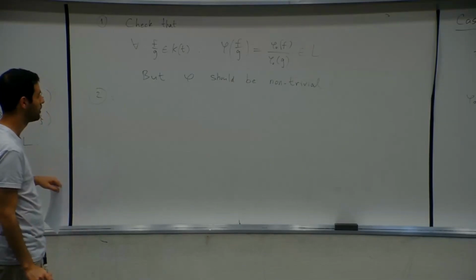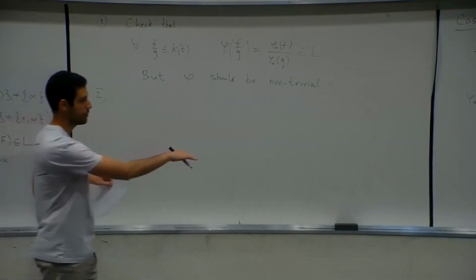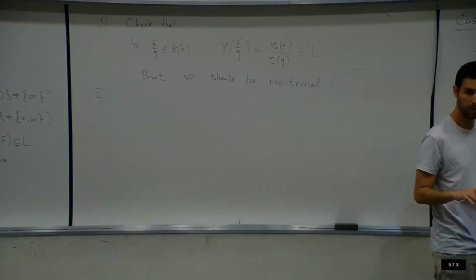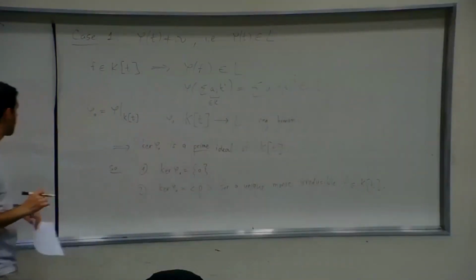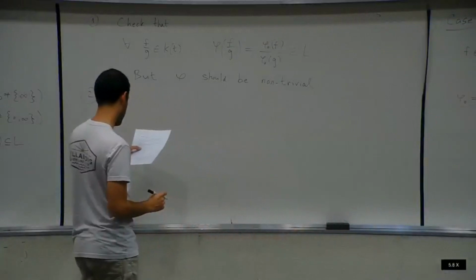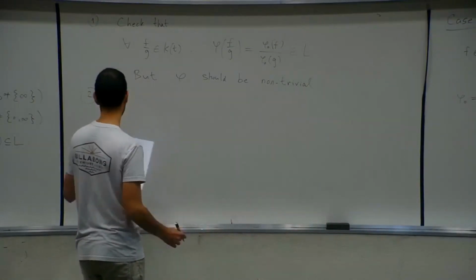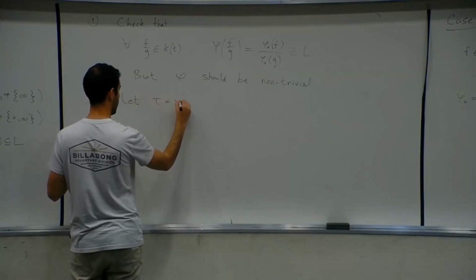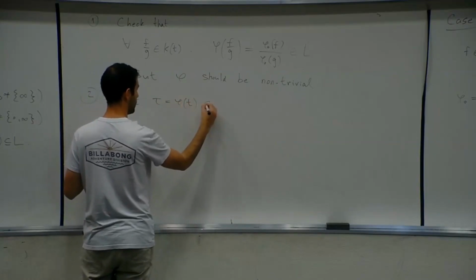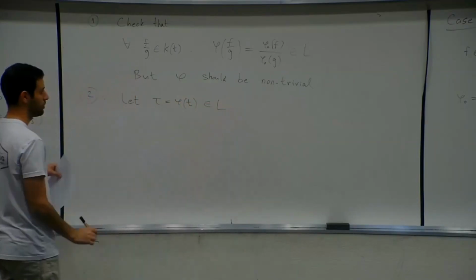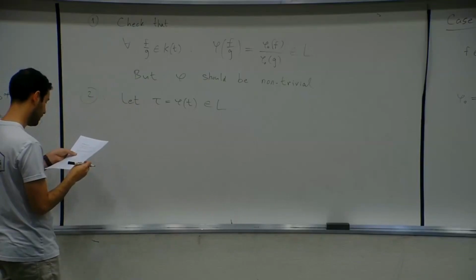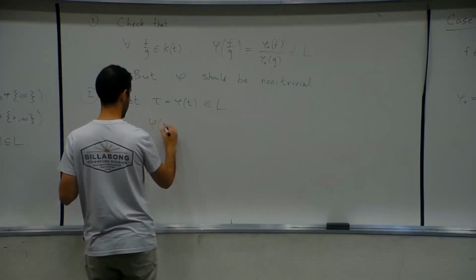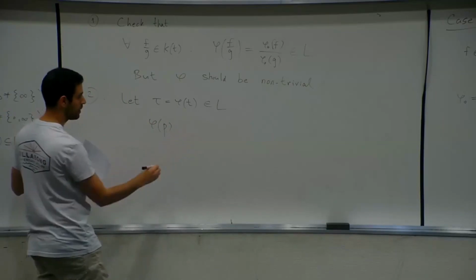Okay. So now suppose that the kernel is generated by P for some monic irreducible P. Then what can we say? Let's write tau for the value of phi of T, something in L. Then what is phi of P, the polynomial that generates the kernel?